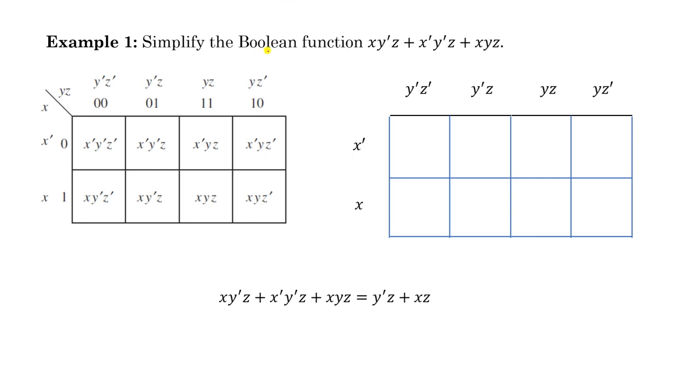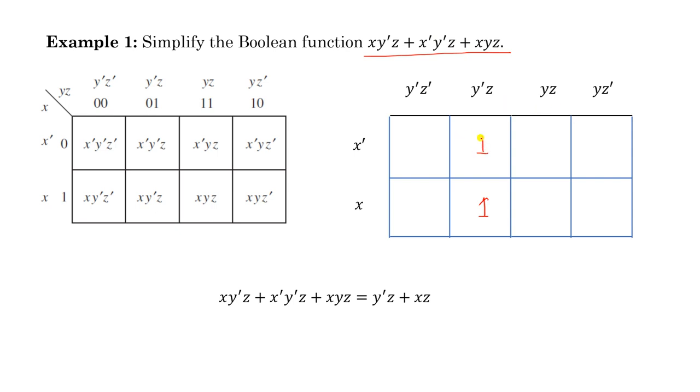Now look at this example. We have to simplify this Boolean function. So first x y dash z. We have to write 1 for this minterm x y dash z. X y dash z is this one, this place x y z. So here I will write 1. Here I will write 1 for x dash y dash z.